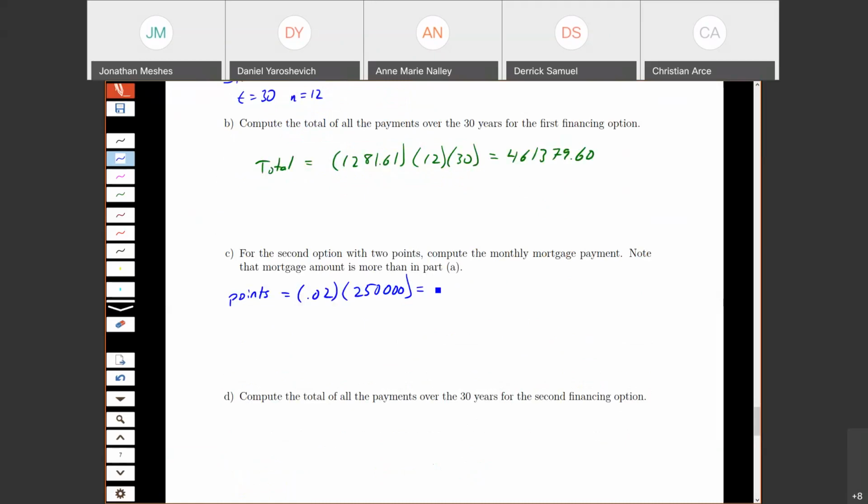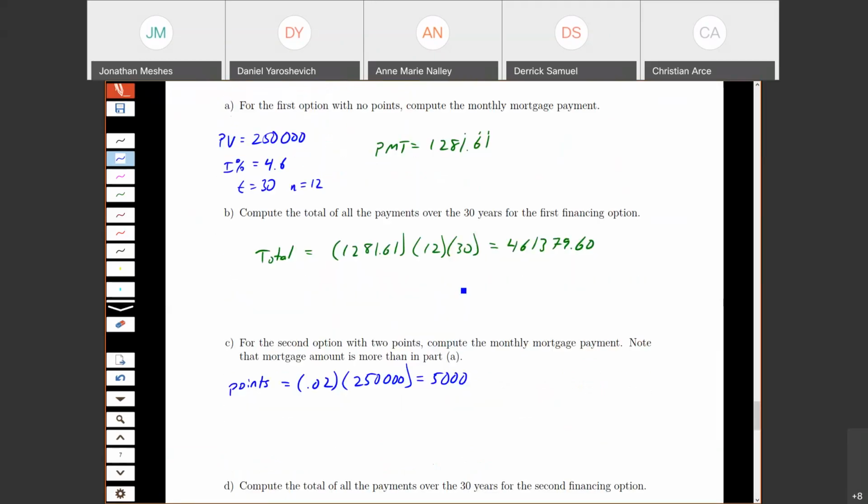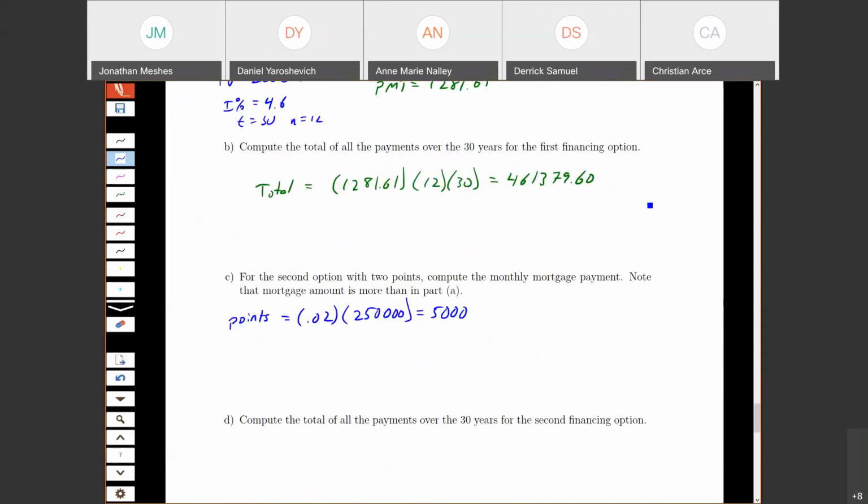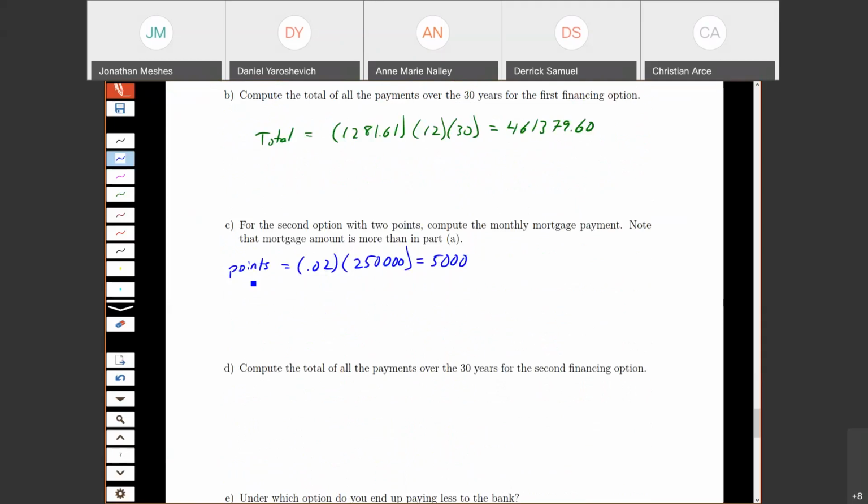So that's $5,000. Now, the example said the points are going to be rolled into the mortgage, so what that means is that we're going to borrow the money for our points as well.